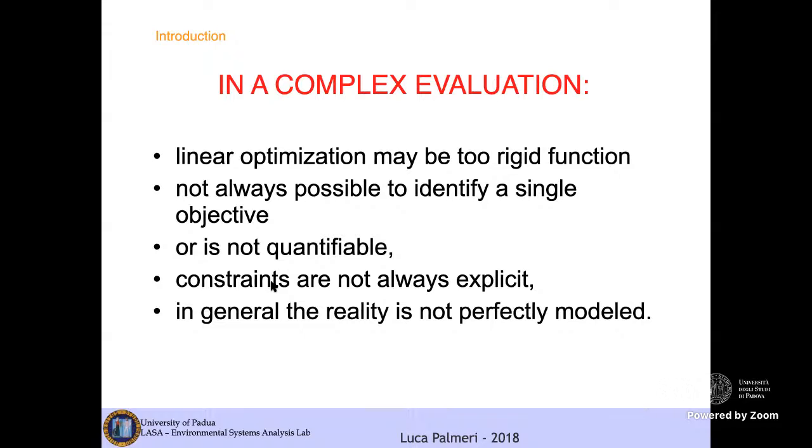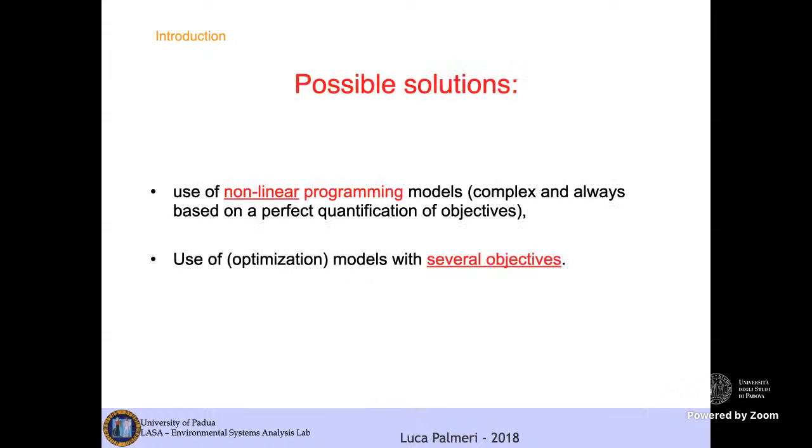Constraints are not always explicit. In general, reality, as you know, may not be perfectly modeled, so we shall use approximations. The possible solution is that of using nonlinear programming models, which are complex and always based on a perfect quantification of objectives, or we may employ optimization models with several objectives.